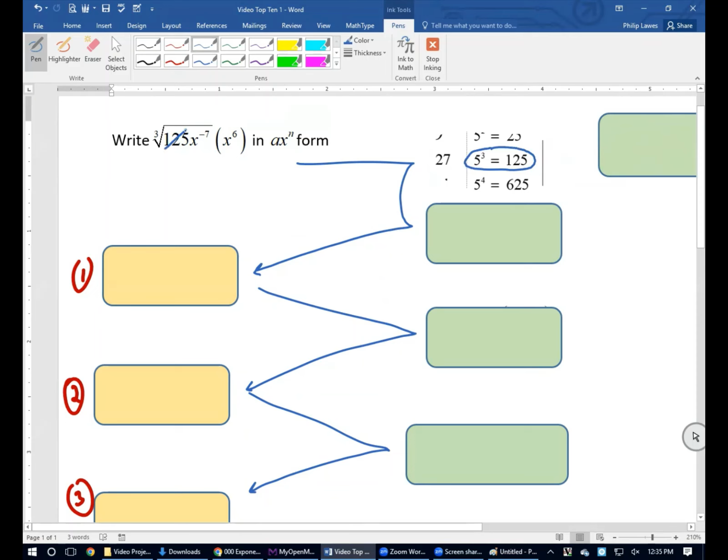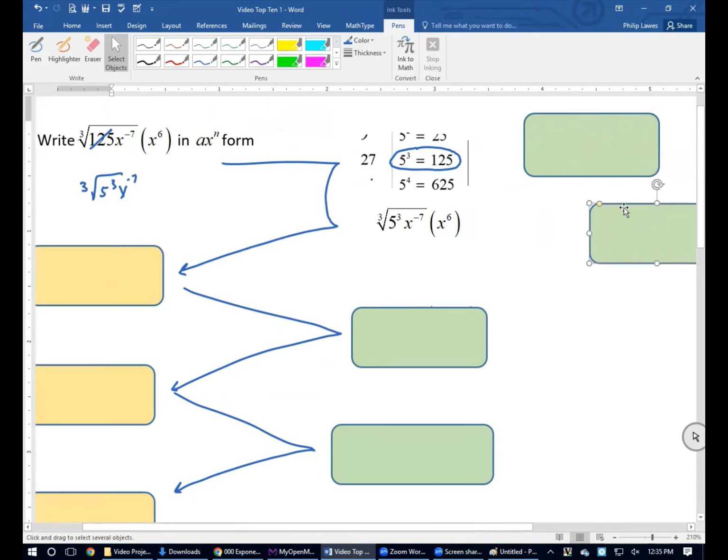I'm going to rewrite that as the third root of 5 to the third x to the negative 7. I'm going to rewrite it like that. I'll leave the x to the 6 on the outside. Now think of a root as being the denominator in a fraction.